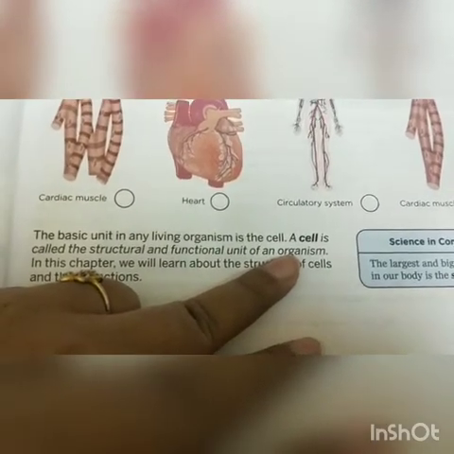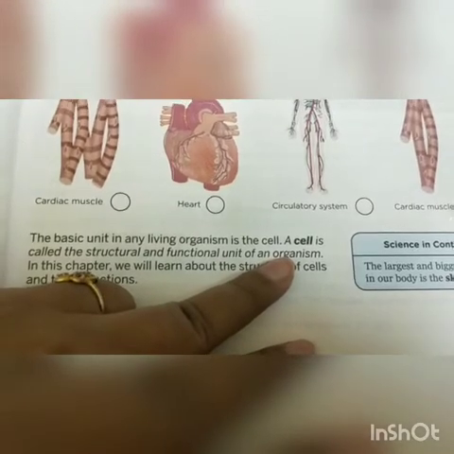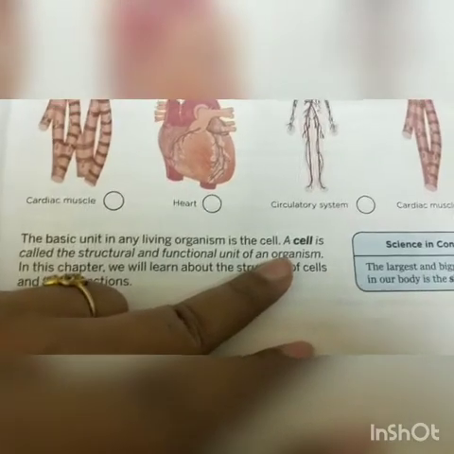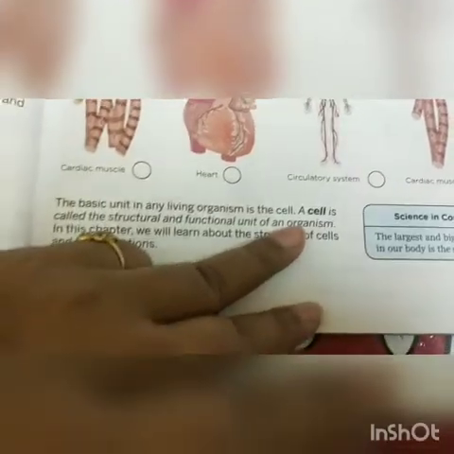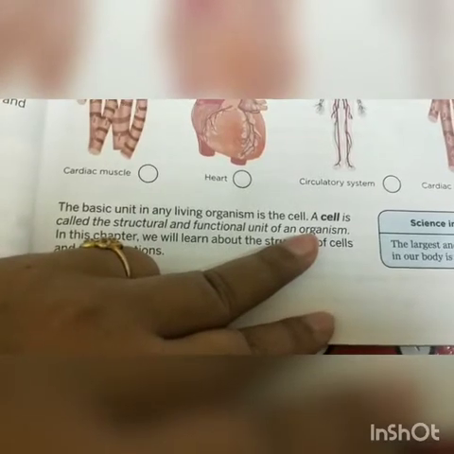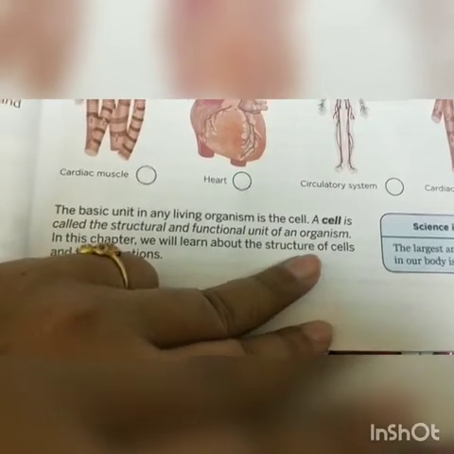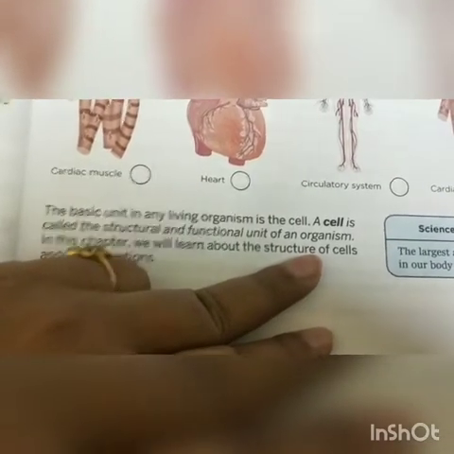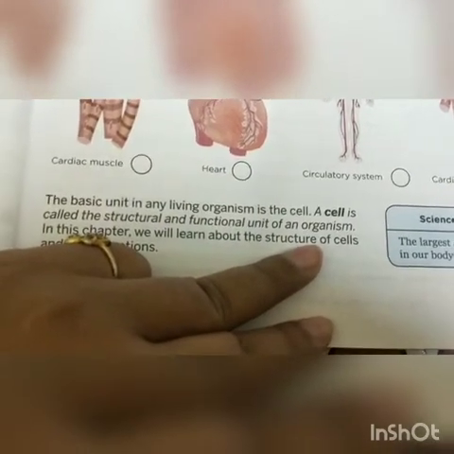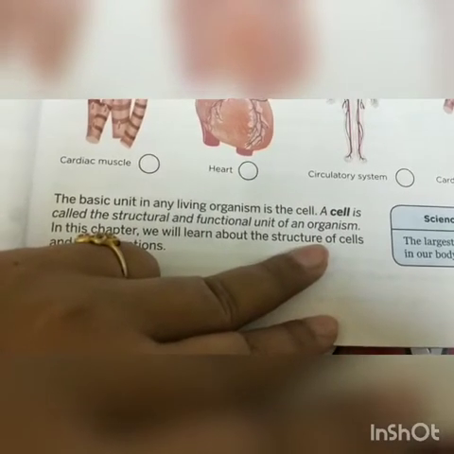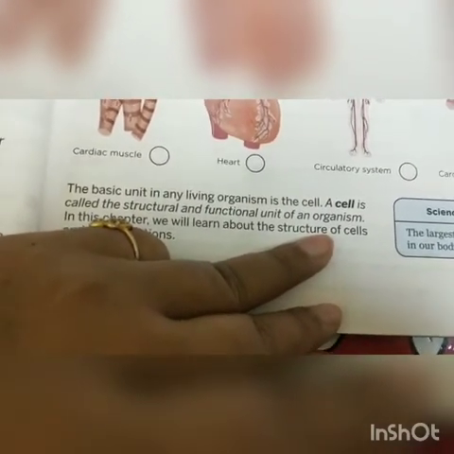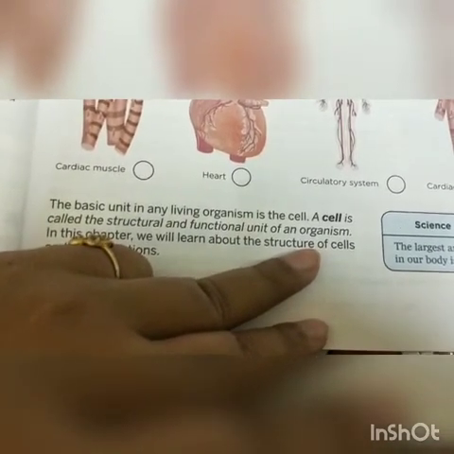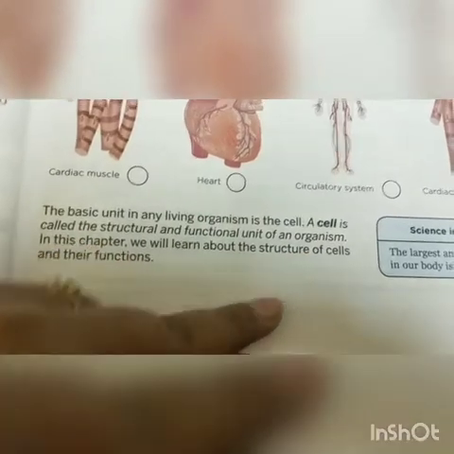Because our body, that is the structure, is made up of millions and millions of cells, and function: whatever the functions like digestion, whatever activities are going on inside our body, all those activities are performed by the cell. That's why cell is called the structural and functional unit of all organisms.